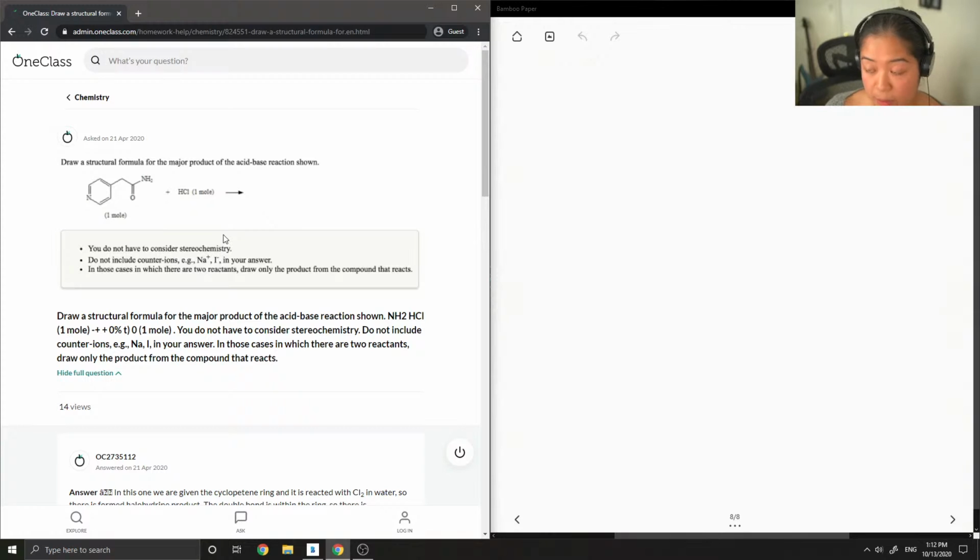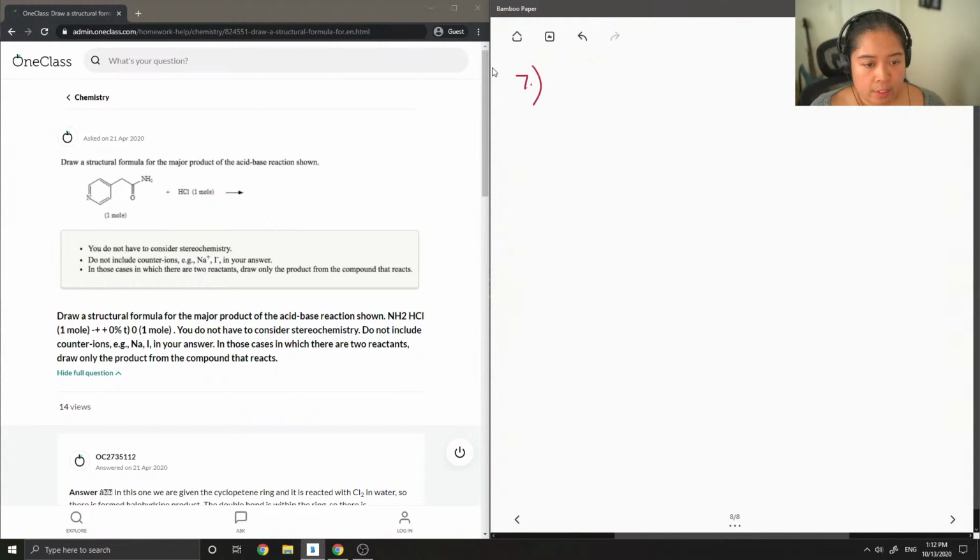So now we're on to question number 7. Draw the structural formula for the major product of the acid-base reaction shown below. So first I'm going to write down the reaction. I'm so bad at writing hexagons.